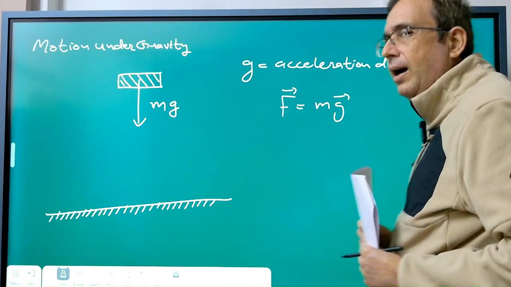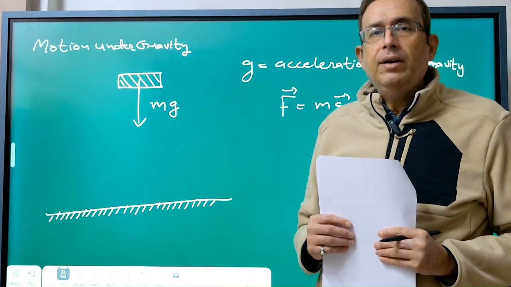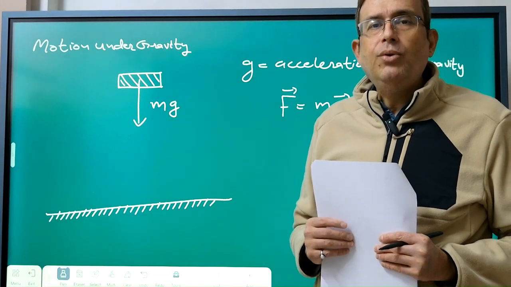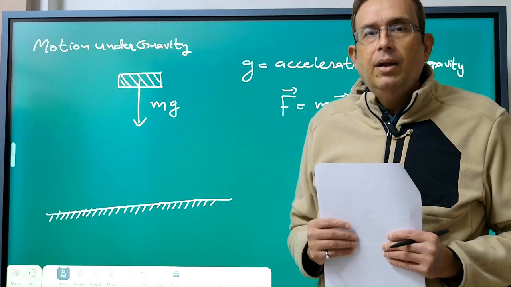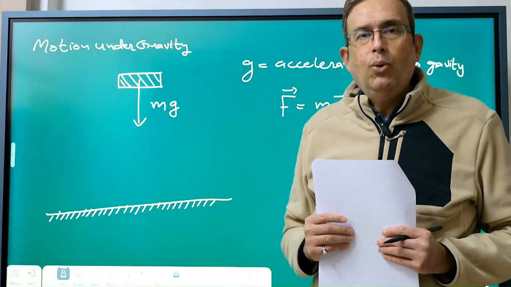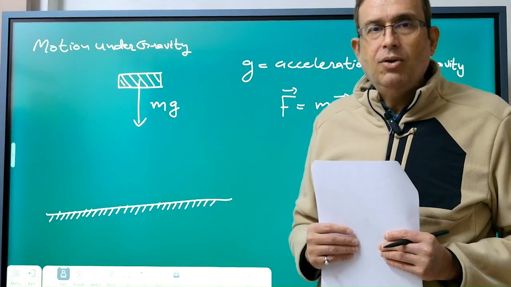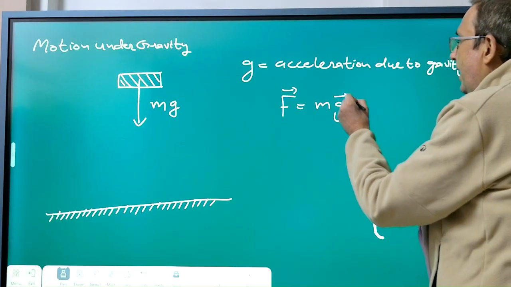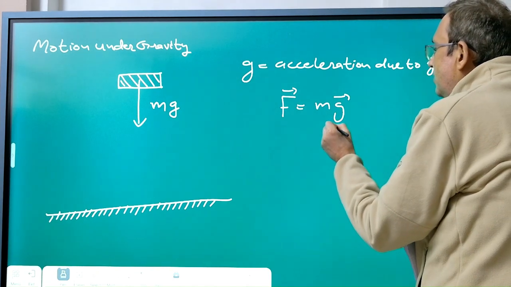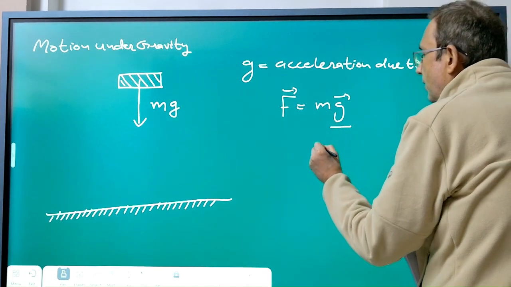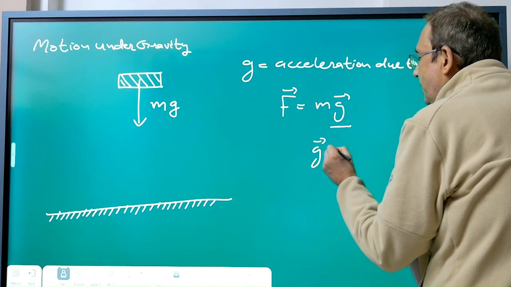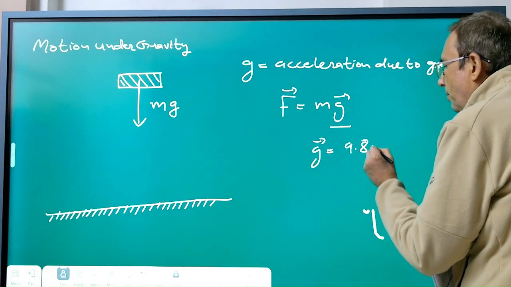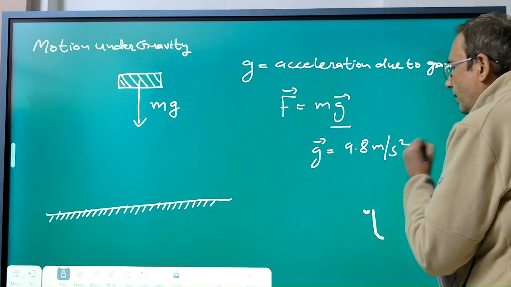It is a slightly different form of the well-known equation of Newton, force equals ma, mass times acceleration, which you will learn later on. But in this particular case, the acceleration turns out to be g, the acceleration due to gravity, and its value is 9.8 meters per second squared.